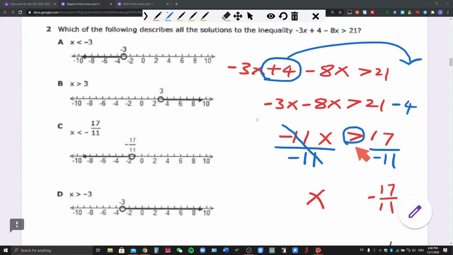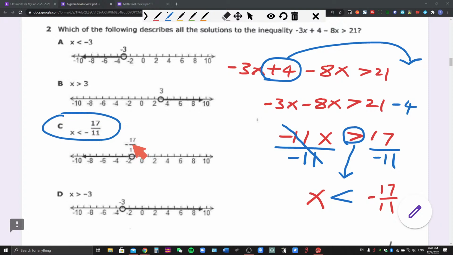When it flips, greater than becomes less than. So it will change the direction. Greater than will flip to less than. That's the only difference between equation and inequality. If you divide by a negative number, the inequality sign will flip. So here it will become x is less than that number, and the answer should be C.